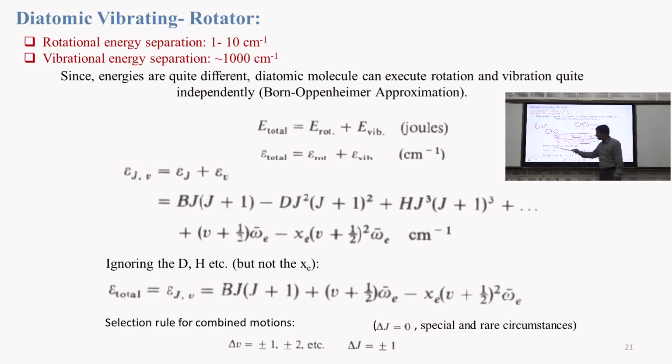Now it says that you can consider D and H. D and H means this term you can eliminate, and this term also you can ignore. Why? Because their contribution is small, in the sense that their numerical contribution does not affect your experimental results.